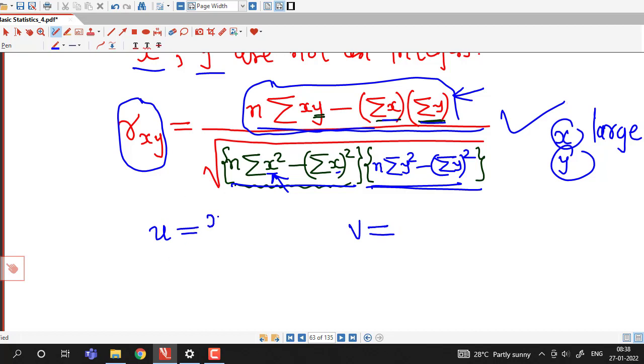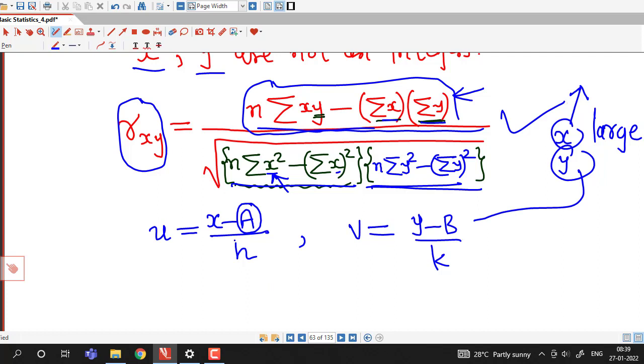So we will define u equal to (x minus a) divided by h, v equal to (y minus b) divided by k, where a and b are assumed means, that is, a is any value of x, b will be any value of y, and h and k will be the gap between values of x, h, and the gap between values of y, k.